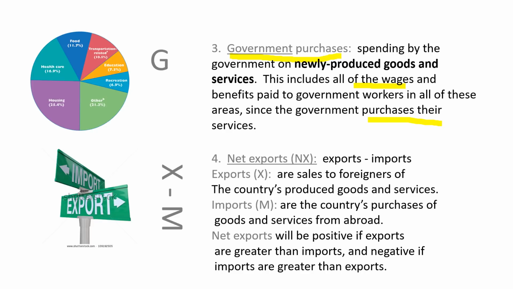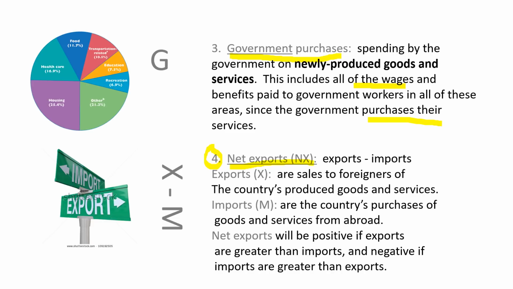So basically, government purchases is the sum of government expenditures on final goods and services. It includes, for example, salaries of public servants, purchases of weapons for the military, and any investment expenditure by a government.